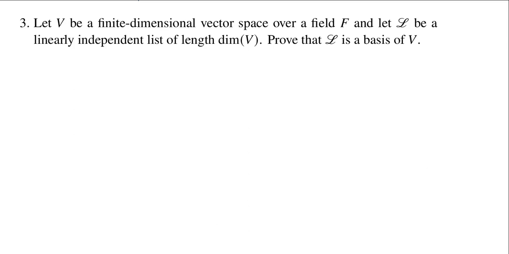The first main ingredient is that any two bases of V have the same length. And of course, that length is exactly the dimension of V. So that's our first fact.